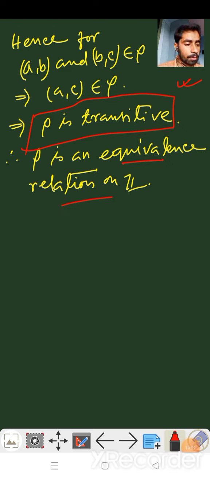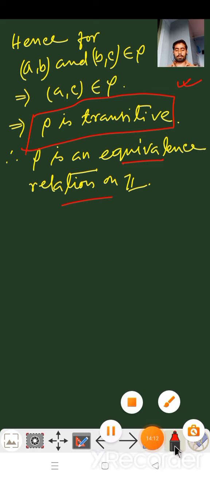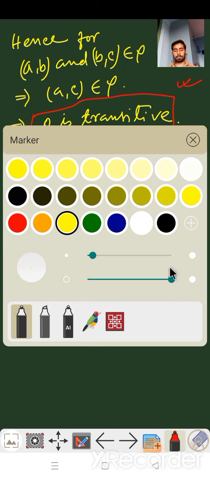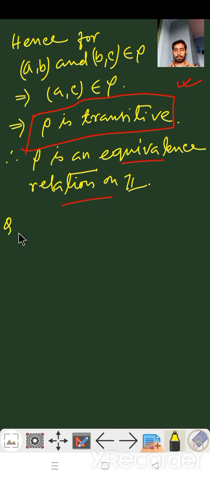Now we will solve the second question, that is part b of question number 3, question number 3b.